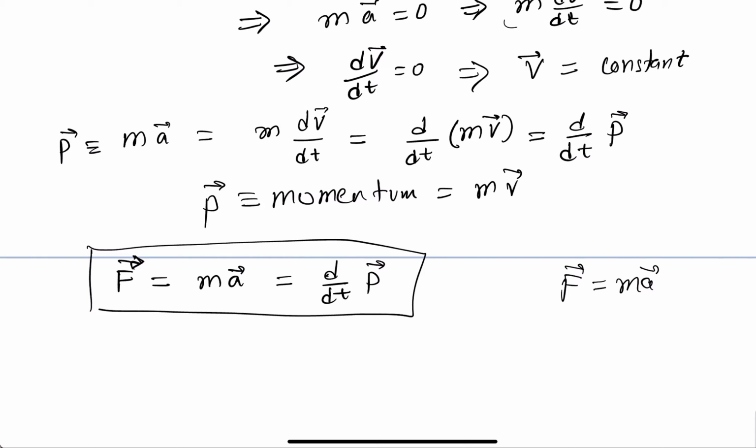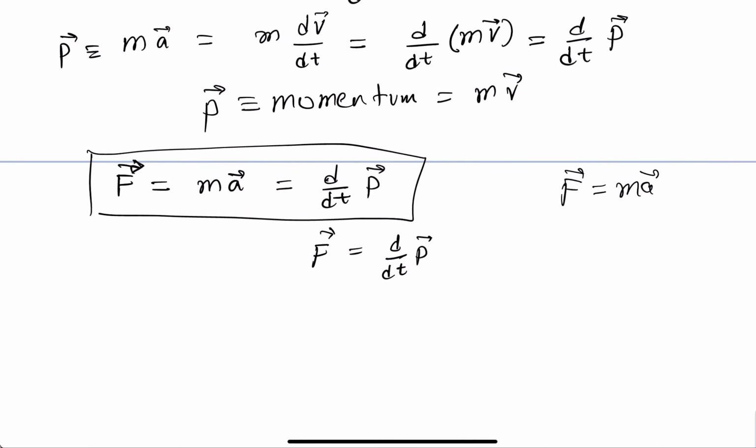Force is the rate of change of momentum of the object. It's a more generic form. Of course, F equals d by dt of the momentum is also equal to F equals mass times acceleration when the mass is constant.